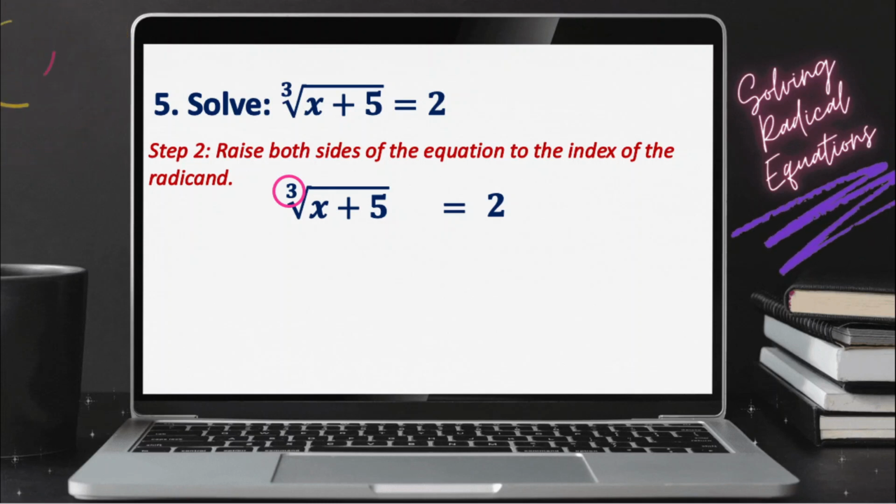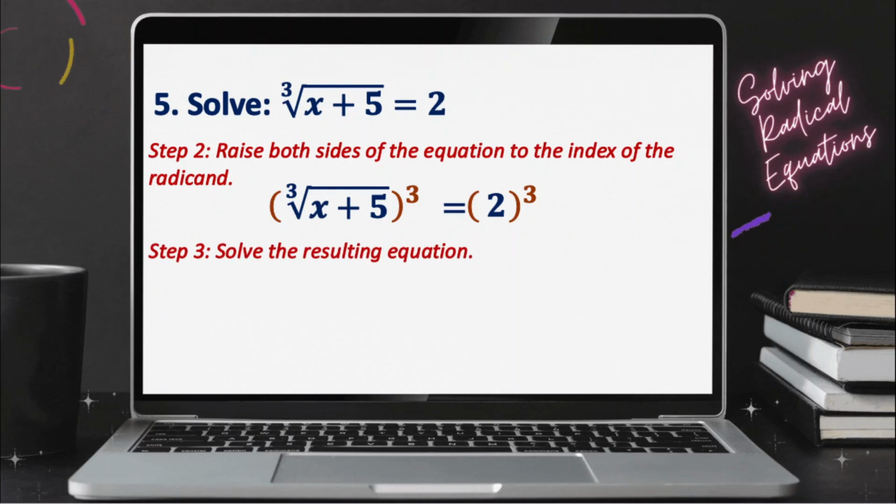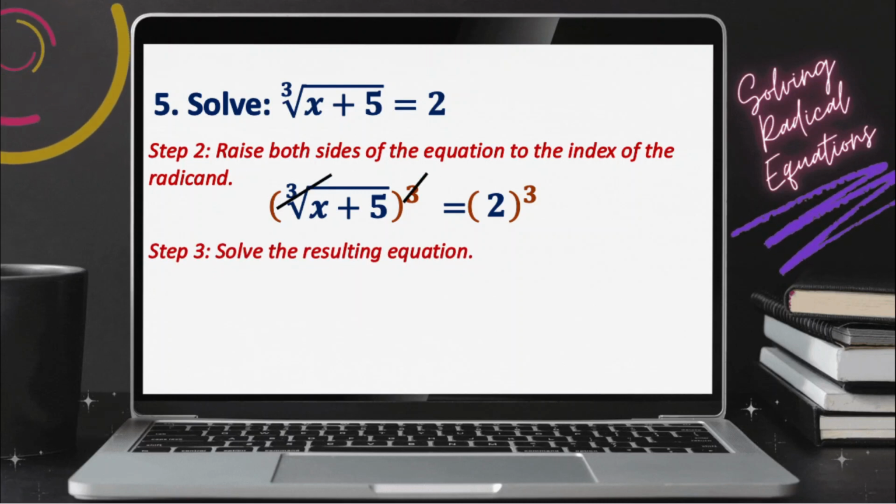So therefore, i-erase natin sila both side by 3. Then, step number 3, cancel out natin si radical symbol at saka si cube, no? So, yung ni-raise natin na 3, ka-cancel out natin. So, magkakaroon tayo dito ng x plus 5.